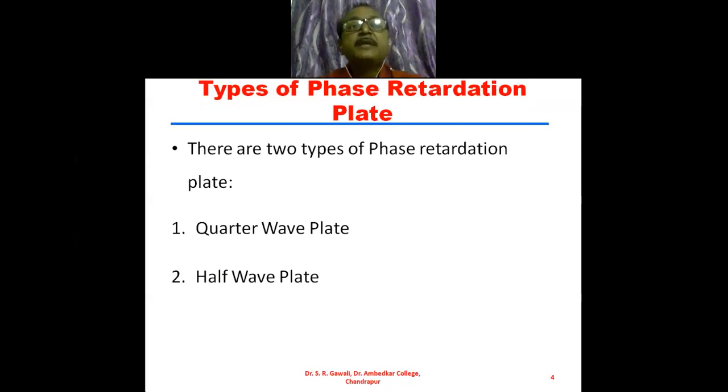There are two types of phase retardation plates: the first one is the quarter wave plate, and another is the half wave plate.